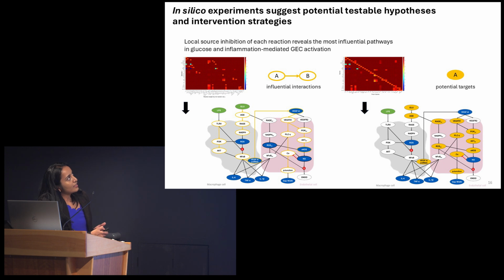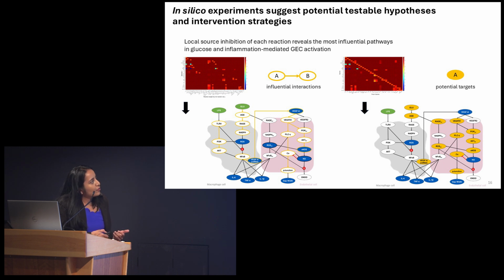The first in silico experiment that we did was locally inhibiting each of the reactions, or interactions, in the network, and also locally inhibiting each protein or node in the network to see how this may affect the expression of downstream proteins that are not directly connected with each other.